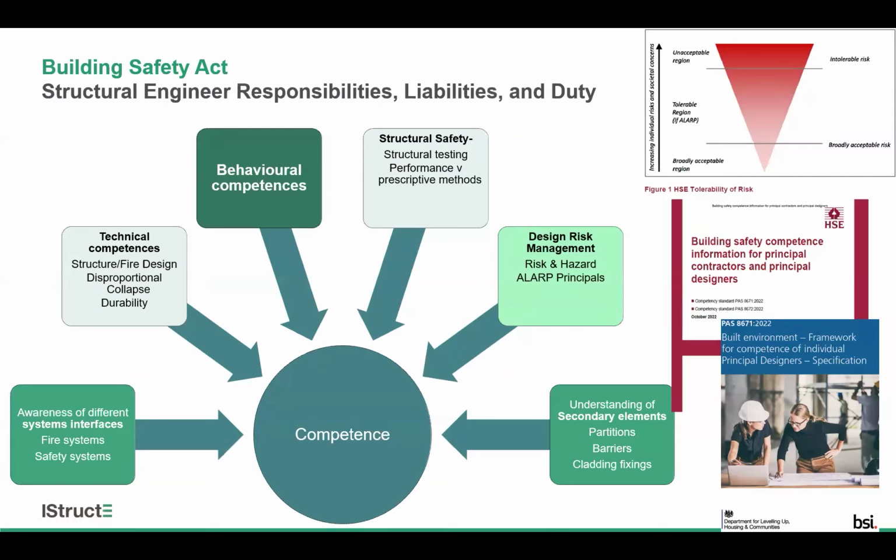If interested, in addition to IStructE guidance and information, there are other publications by HSE related to principal designer and principal contractor. During session 2, my colleague discussed PAS 8671 related to the competence of principal designer, and PAS 8672 related to principal contractor specifications.